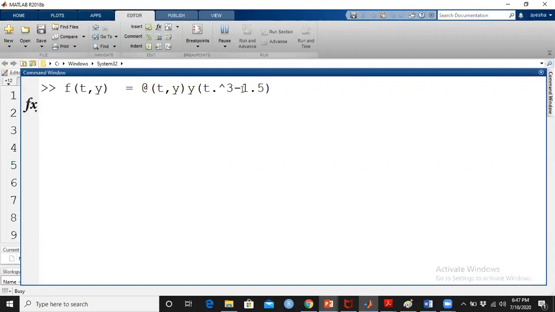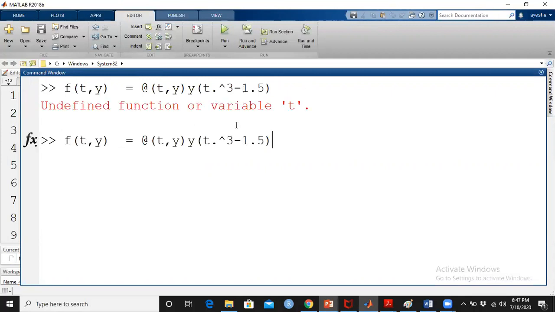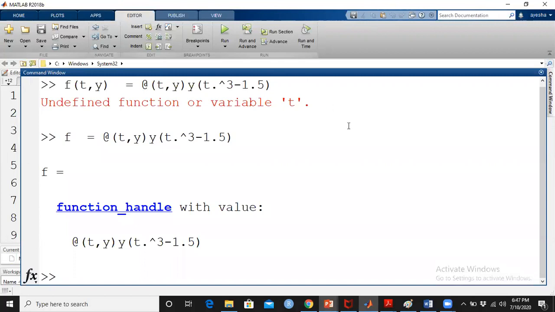Okay, and I can now substitute here. This is better because I haven't defined t and y yet, so it is better to write it as a single f in the MATLAB language. So I have here f of t, y as y times t cube minus 1.5. This is the f of x, y.